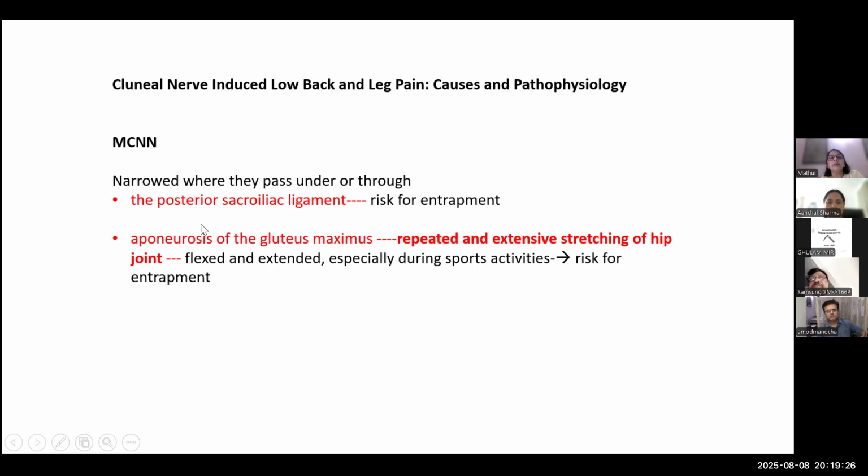As far as the middle cluneal nerves, they are narrowed where they pass under or through the posterior sacroiliac ligament or through the aponeurosis of the gluteus maximus, especially at the gluteus maximus because of the repeated and extensive stretching of this huge joint. There is a lot of activity like flexion and extension, and it has been seen that even a few famous sports players who are into a lot of sports activities have had the risk of entrapment of the middle cutaneous nerve.